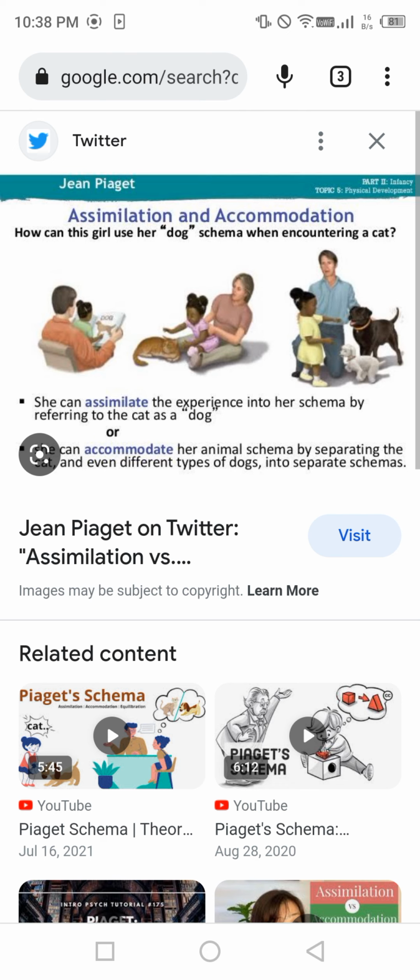When she says a cat is a dog, then she is assimilating it. She assimilates the experience into her schema. That means assimilation is when a girl encounters a new situation on the basis of all her previous experience.